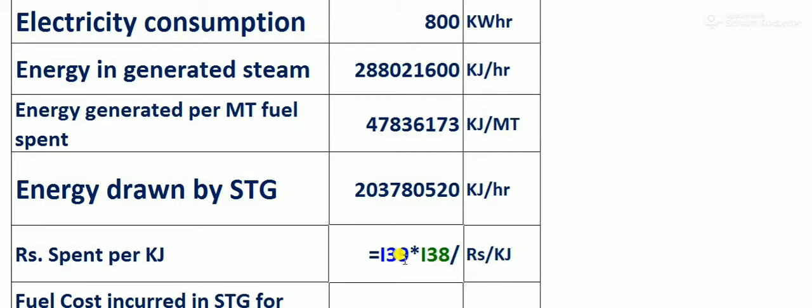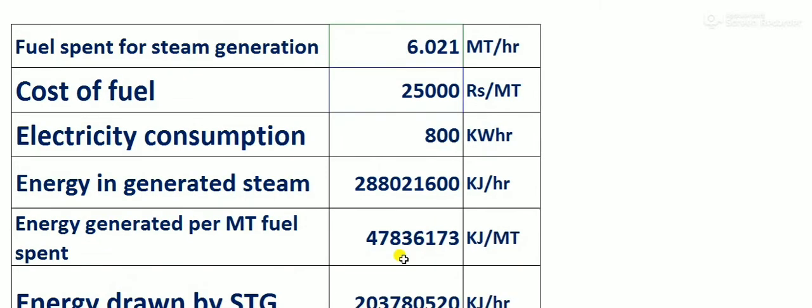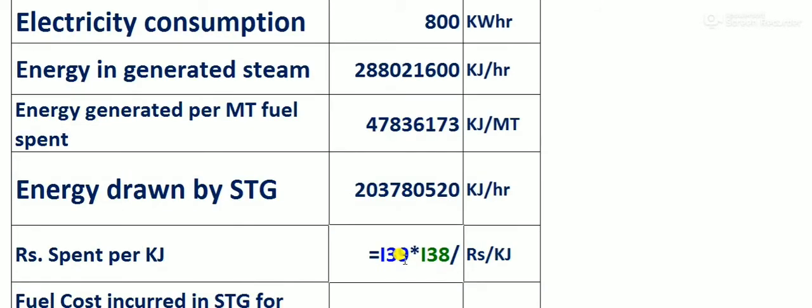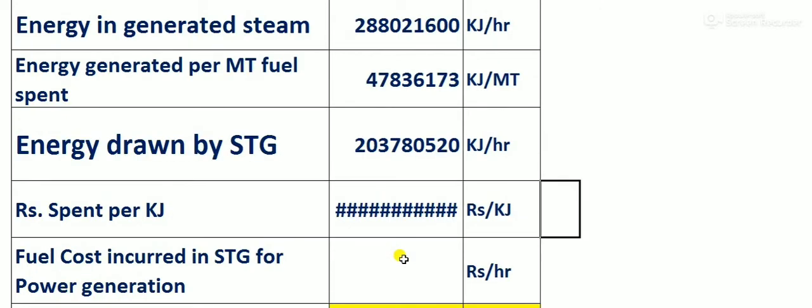Now we have rupees per hour, and divided by kilojoule per hour, we get rupees per kilojoule.